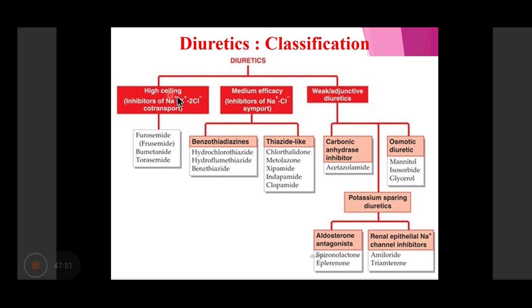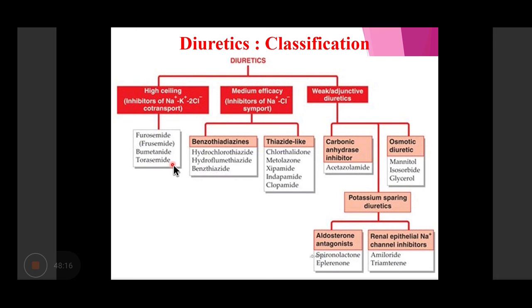Okay. So high ceiling because they act on the sodium potassium 2 chloride transporters, which is present in the ascending limb of loop of Henle. That is why these diuretics are also called loop diuretics. So the examples are furosemide. So they all end in ide.